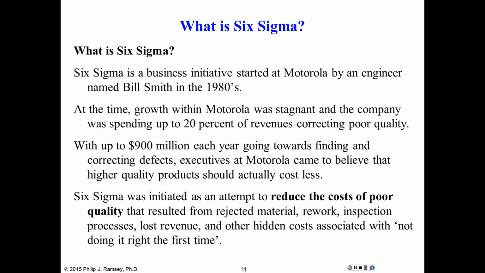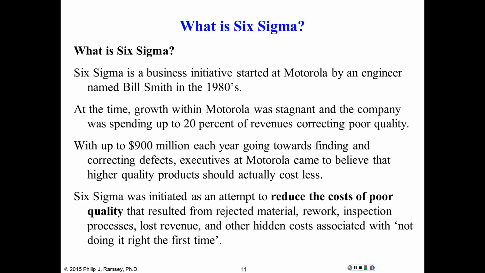If Bill Smith had survived, he'd have likely become very wealthy, since he was sort of the Six Sigma guru. But that was the origins of Six Sigma, and it all started with one man named Bill Smith, who'd mapped out a strategy to improve quality in Motorola, and his program was enormously successful.